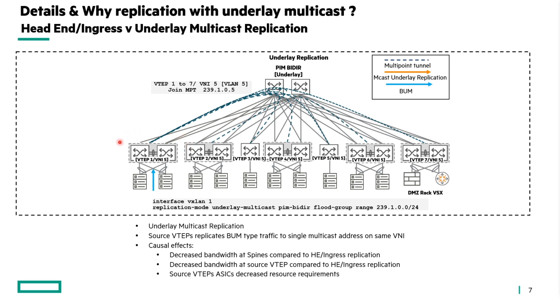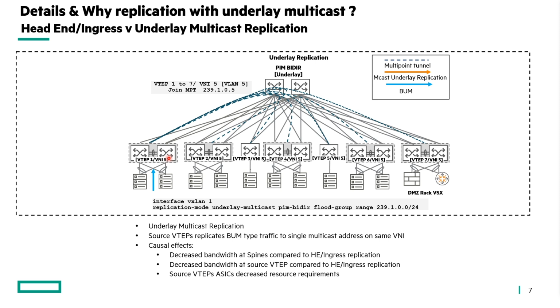And as before, we have a BUM packet from a host on VTEP 1 in VLAN 5, which is VNI 5 in this case, hit the far left VTEP. With the incoming BUM packet from the host, which equates to the source VTEP and VNI, it needs to resolve the destination IPs.